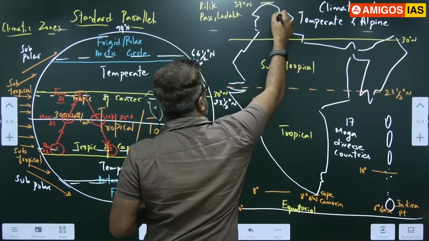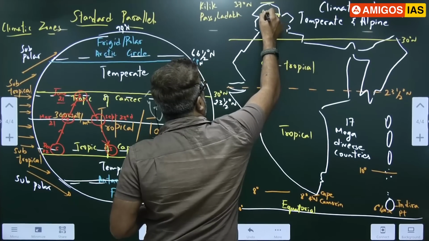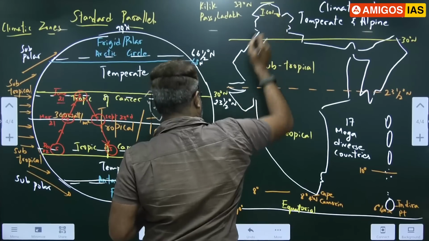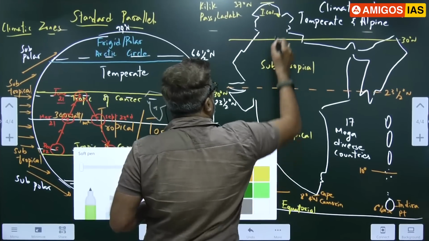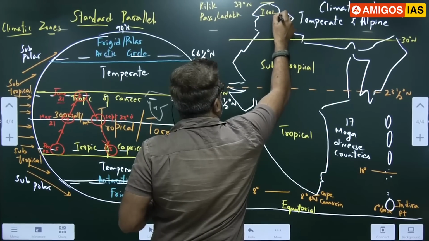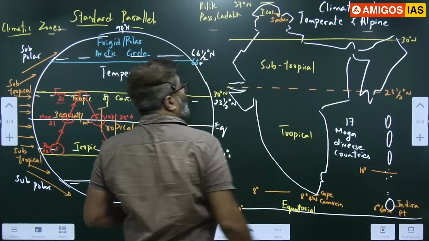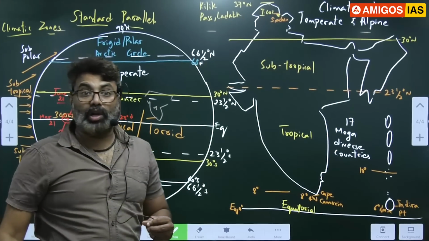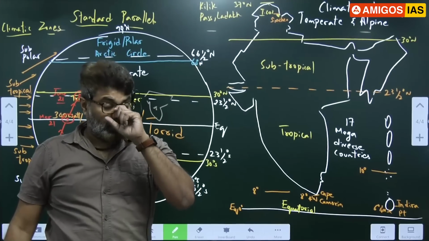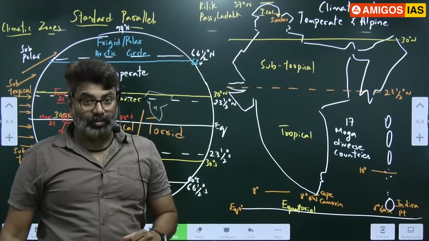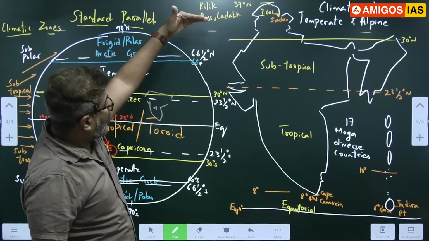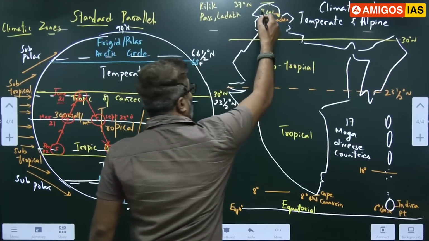This is Indra Col. Have you heard of the place Indra Col? Northern point of Siachen Glacier is Indra Col. Many of you would have heard of that. Above that is Kilik Pass. This is our northernmost point.